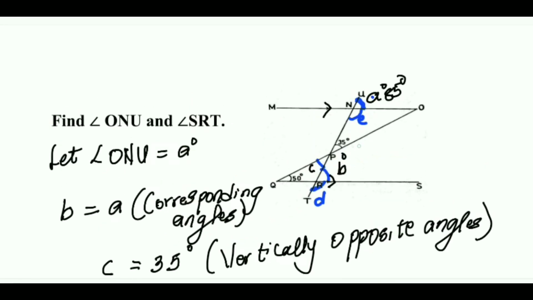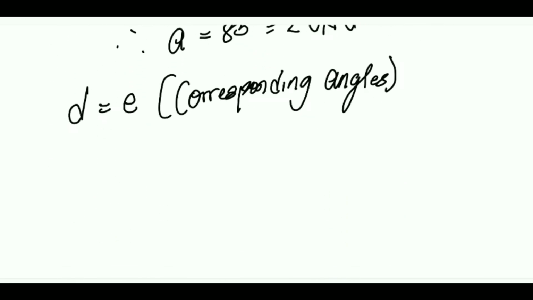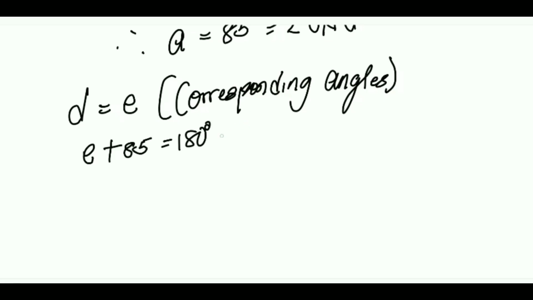So I'm going to apply that here now. Let's apply this here. All right. So I say B is equal to 50 degrees plus C. Remember I said C is 35, so I'm going to substitute that shortly.